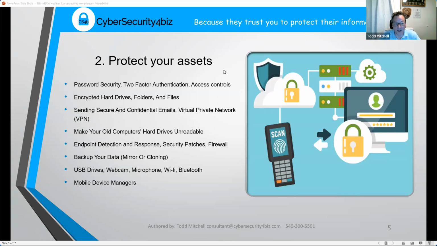And then security patches are definitely another big issue. You want to focus on that. You want to make sure that your software, specifically your operating system, but all the software on your computer, isn't too far out of date, because they routinely send security patches.